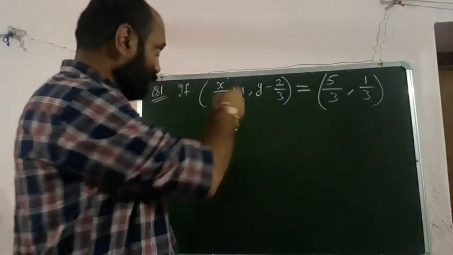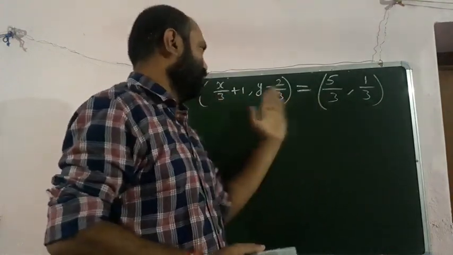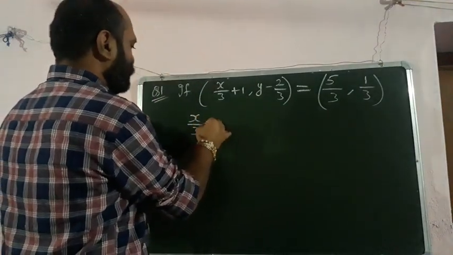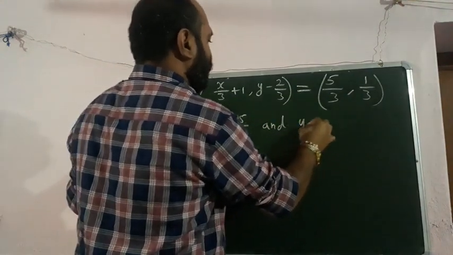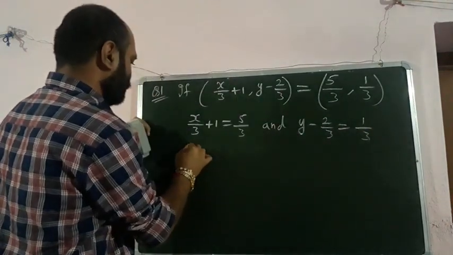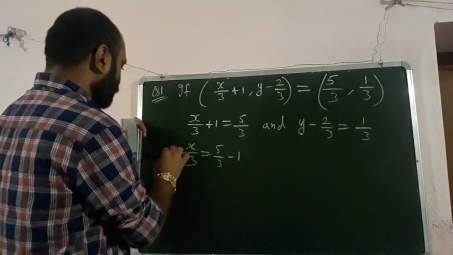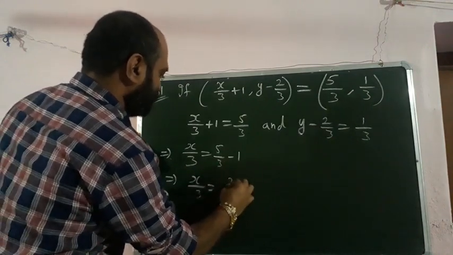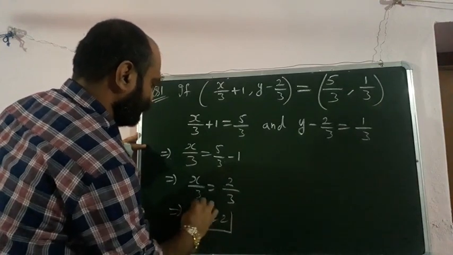As you know, this question is very easy. Two ordered pairs are equal means first is equal to first and second is equal to second. So we have x/3 + 1 = 5/3 and y - 2/3 = 1/3. When you solve this, x/3 = 5/3 - 1. Taking LCM, x/3 = 2/3, the 3s cancel, so x = 2.